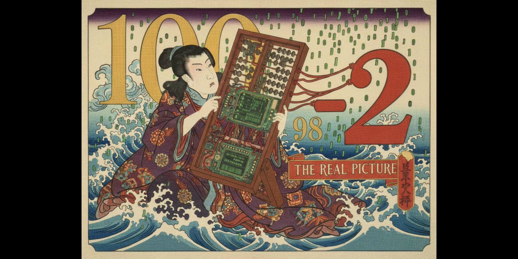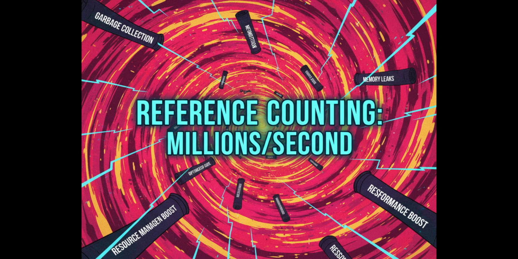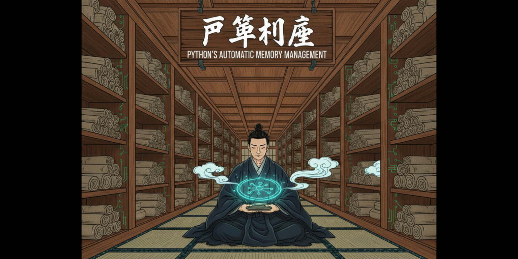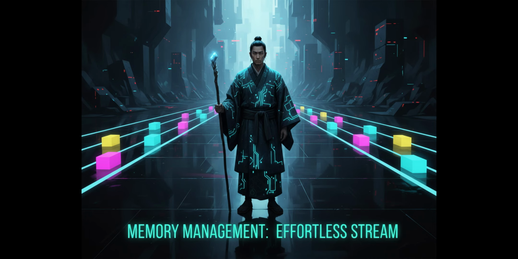We are subtracting our own footprint to see the real picture. This is happening millions of times per second in your Python programs, and it's one of the reasons Python just works. You never have to think about memory management because this elegant system handles it all automatically.